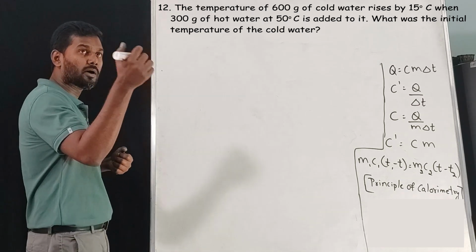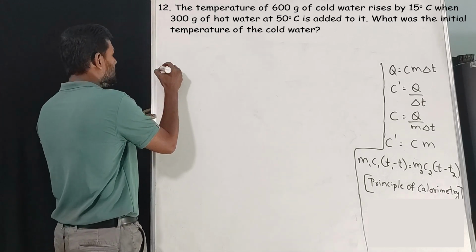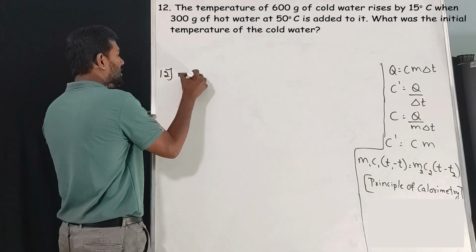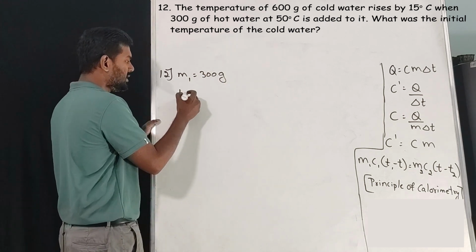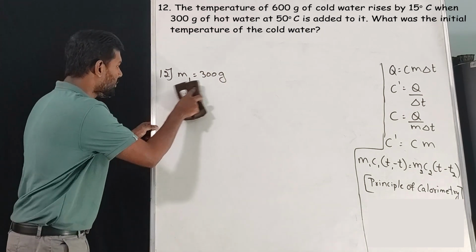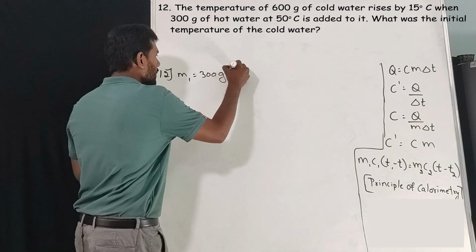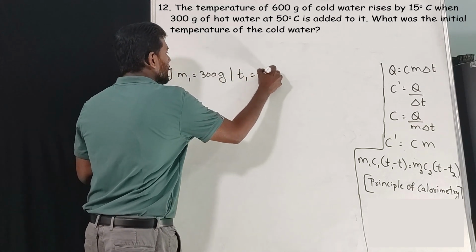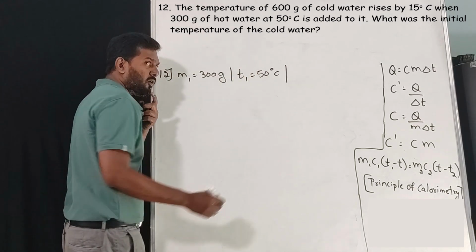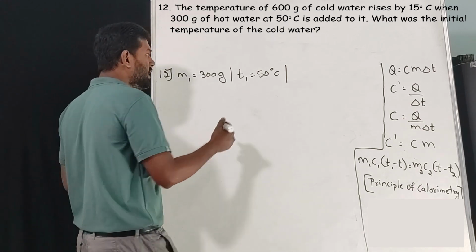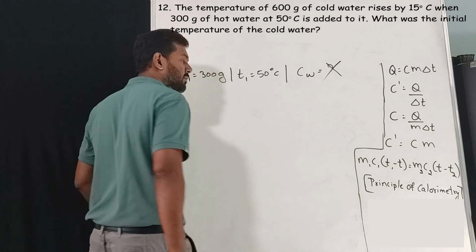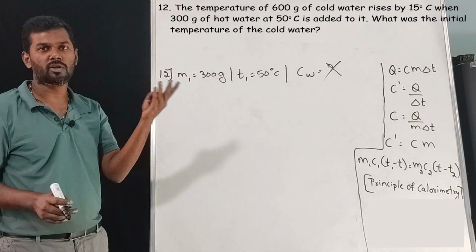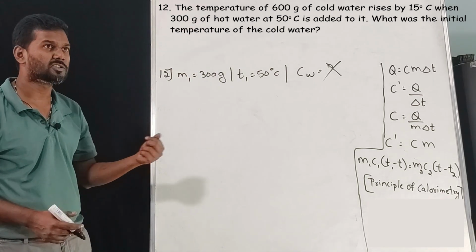Hot water of 300 grams: mass 1 is equal to 300 grams and temperature 1 is equal to 50 degrees Celsius. We are talking about water only, so we don't require the specific heat capacity of water, because for hot water and cold water, they are going to cancel. That is what we learned in the previous question.